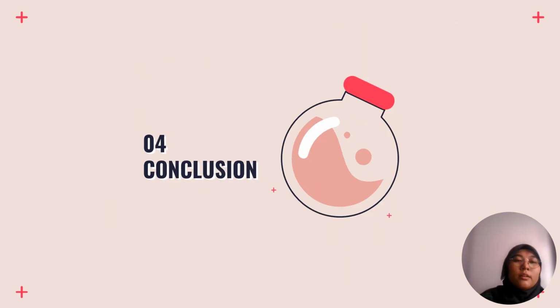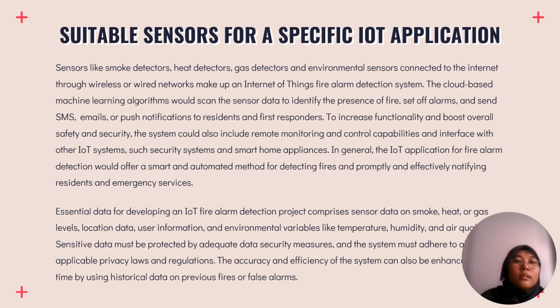So next, the conclusion. There's a lot, I will simplify what I have found. Sensors like smoke detectors, gas detectors, and environmental sensors connected to the internet through wireless or wired networks make up an Internet of Things fire alarm detection system.